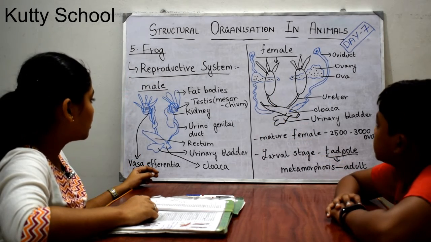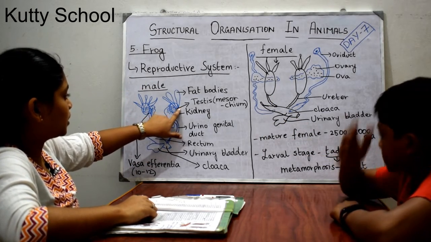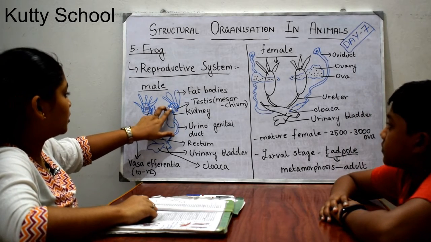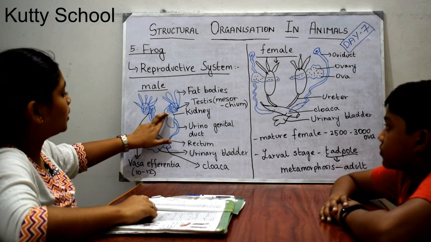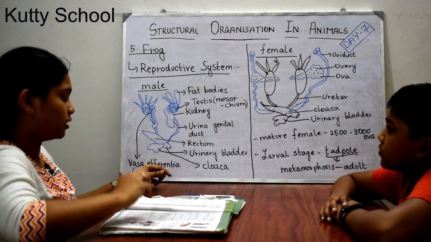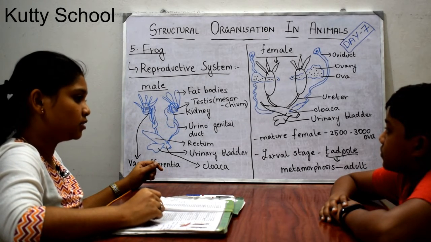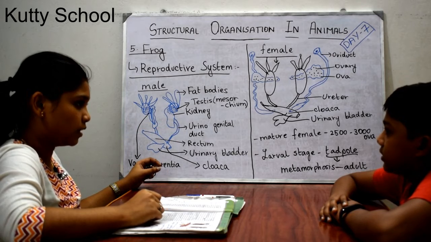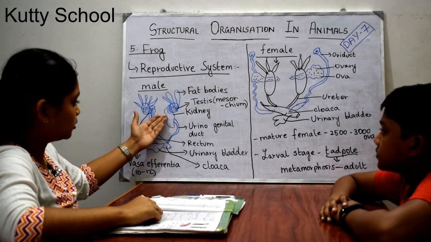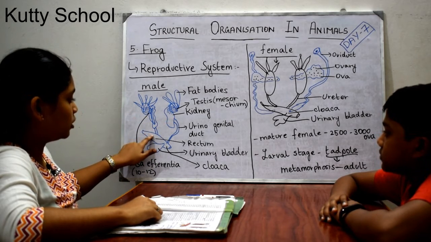After the sperms are released, they travel through the kidney, and are left outside the kidney into a canal called Bidder's canal. From that it travels to the urinogenital duct, and the sperms are left into the cloaca.